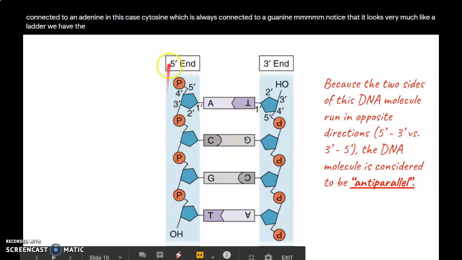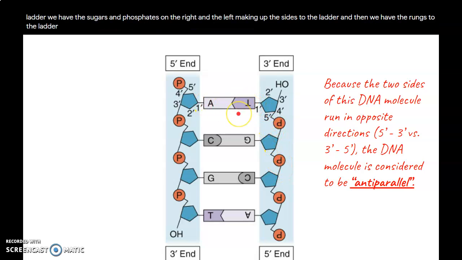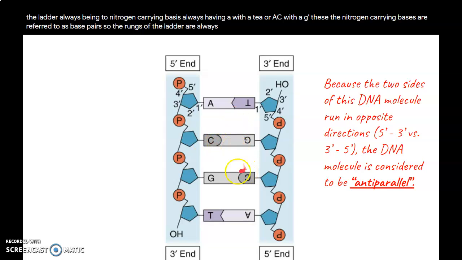We have the sugars and phosphates on the right and the left, making up the sides to the ladder. And then we have the rungs to the ladder always being 2 nitrogen-carrying bases, always having an A with a T or a C with a G. These, the nitrogen-carrying bases, are referred to as base pairs. So the rungs of the ladder are always made up of base pairs.